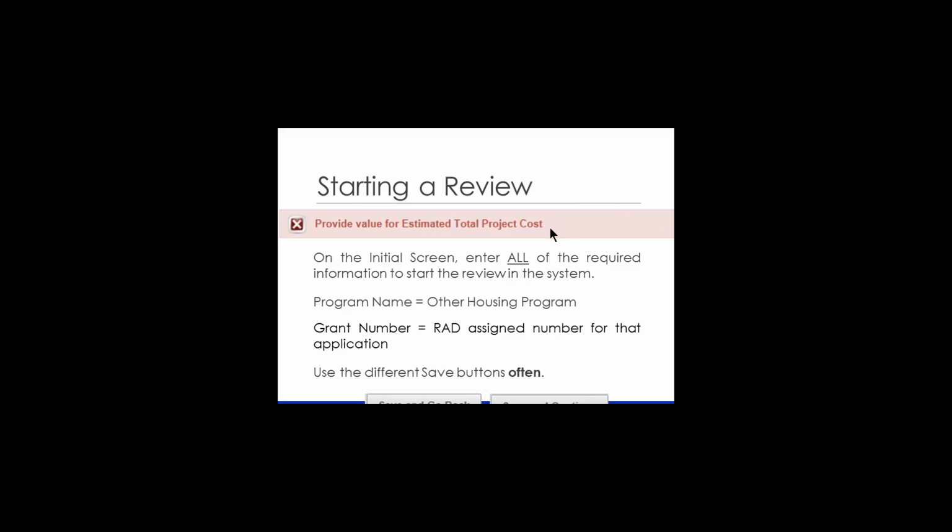So there's nothing in HEROS at this point for that. We definitely encourage people to use information that they got from a previously completed review, whether that's Part 58 or Part 50. But there isn't a means of just pulling that in directly into your review. You'll have to start a new review.